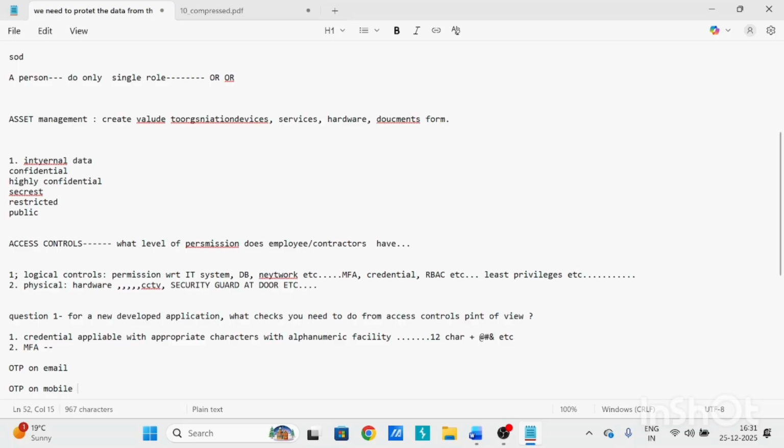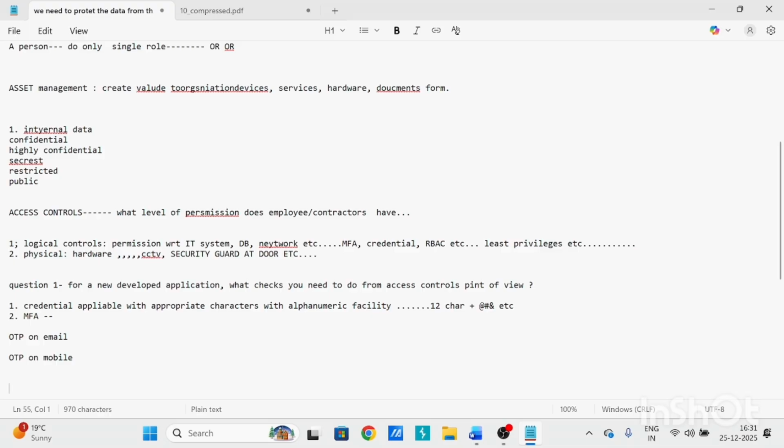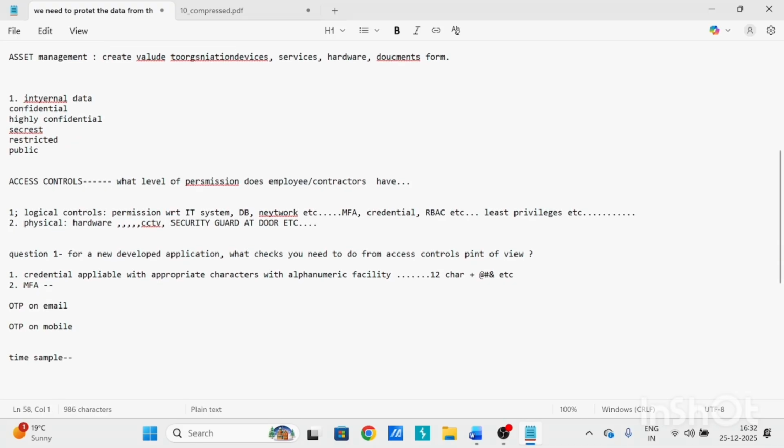If we want stronger, more restricted access control with respect to time, what can we do? The application should create a different OTP on email valid for 1 minute, and a different OTP on mobile valid for 1 minute.